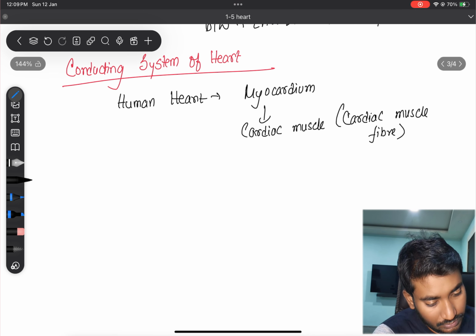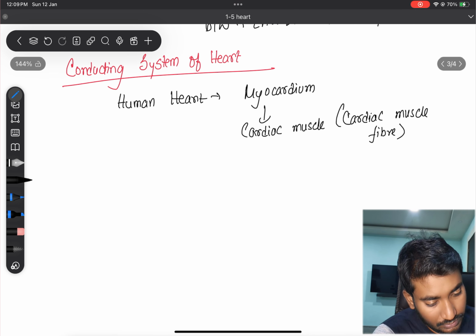Okay, nodal tissue. These are specialized because these are auto-excitable. These nodal tissues are auto-excitable.